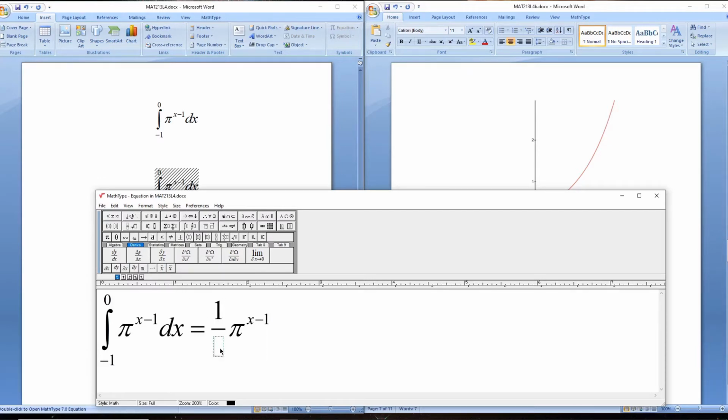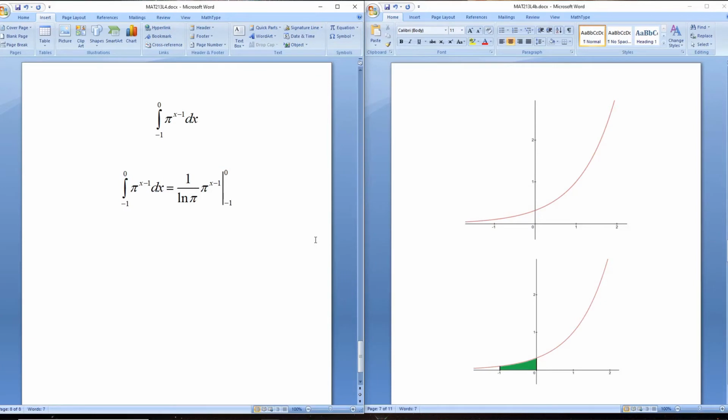When you integrate, though, that natural log will pop out in the denominator. So there is our antiderivative. That's our first step. And then we stick the bar on that to indicate, okay, we've found the antiderivative. There it is. But we haven't done the fundamental theorem of calculus on it yet. So there's our first step.